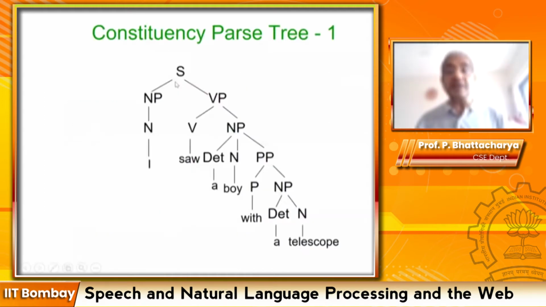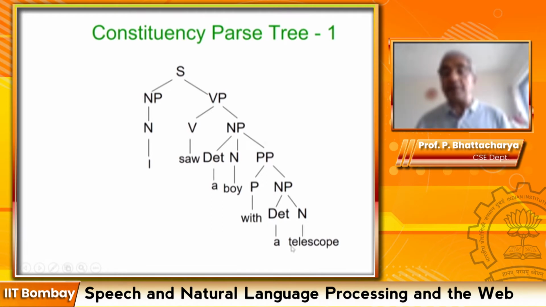So here is a tree corresponding to the sentence, I saw a boy with a telescope. Now you should get used to reading a parse tree and seeing the underlying structure even when the sentence is linear. So when you traverse the tree leaf to leaf, you get the sentence, I saw a boy with a telescope.